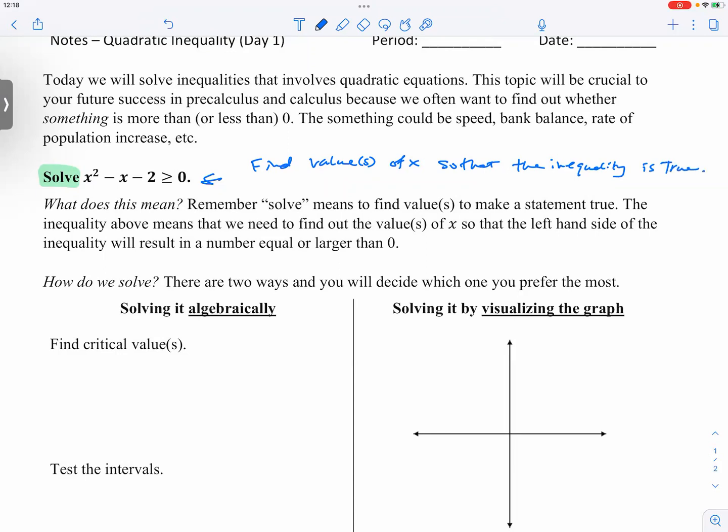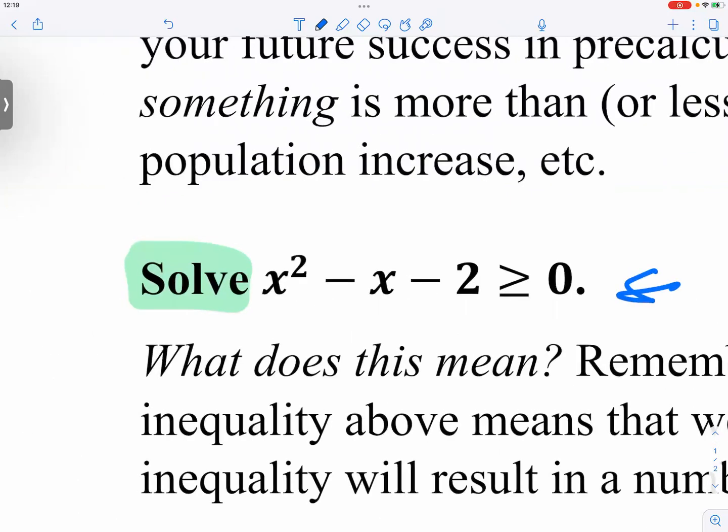So how do we do it? Well, there are two ways we can do it. But before we look at the two different ways, let me ask you a quick question. If you just stare at this quadratic expression right here, x squared minus x minus 2, can you think about the factors? Okay, can you factor it?